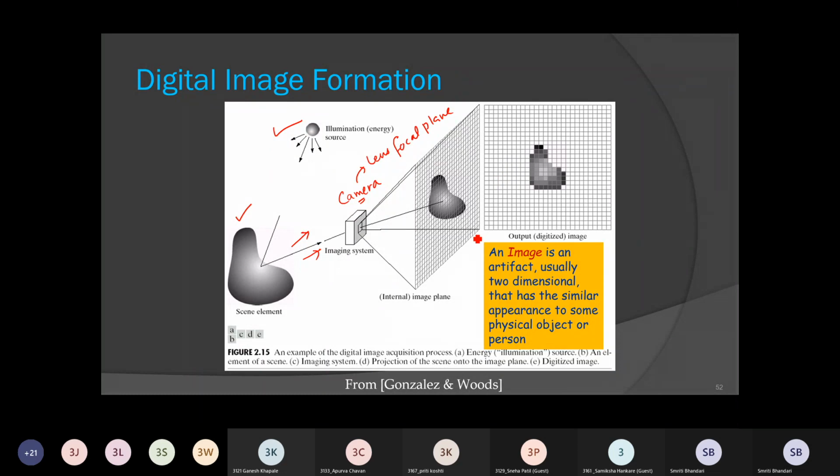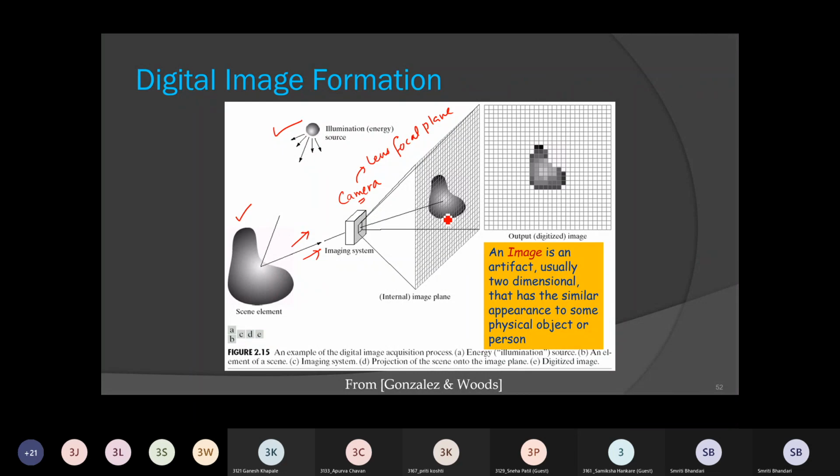Okay, now what happens next? The sensor array that we talked about earlier is coincident with this focal plane.